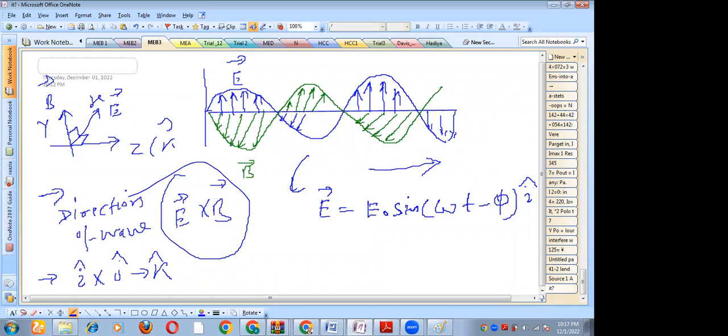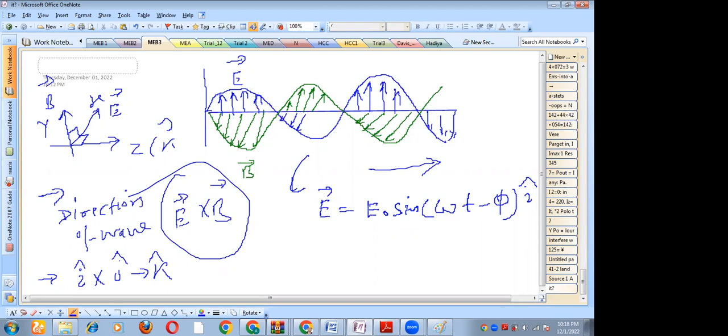Here E naught will represent the amplitude of the electric field. The direction of electric field is along x direction, and direction of wave is along z direction. Getting my point?